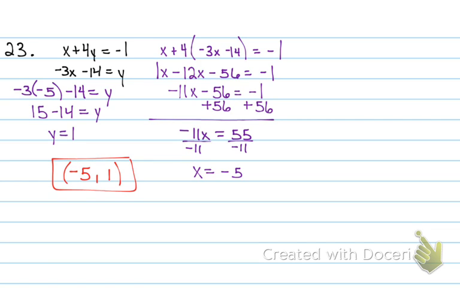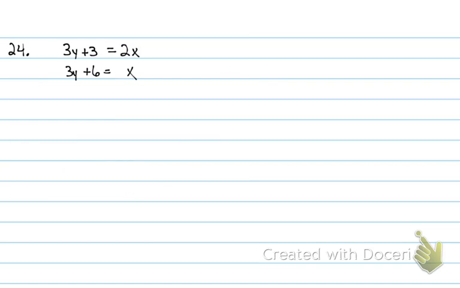And remember, the ordered pair is your answer. So if you forget the ordered pair part, well, on your midterm, you're going to have 4 choices. They're all ordered pairs, but just FYI.